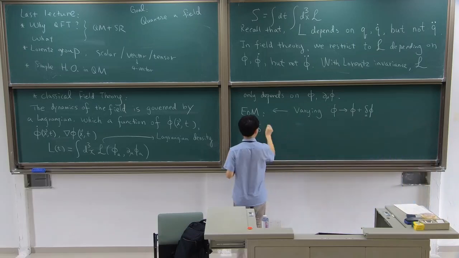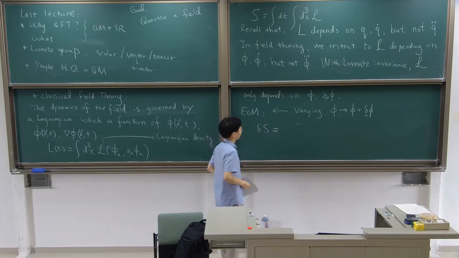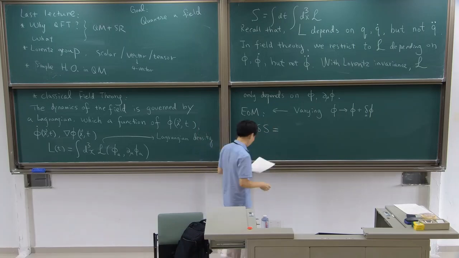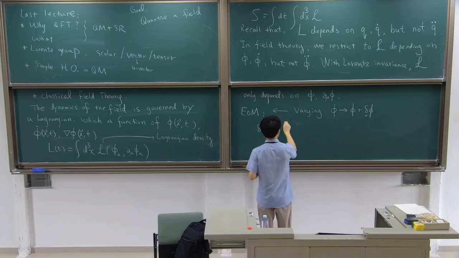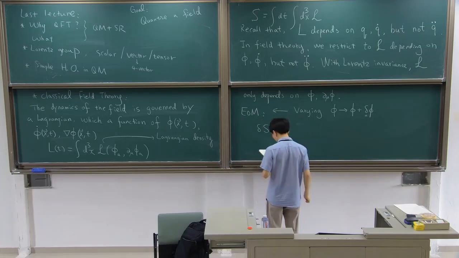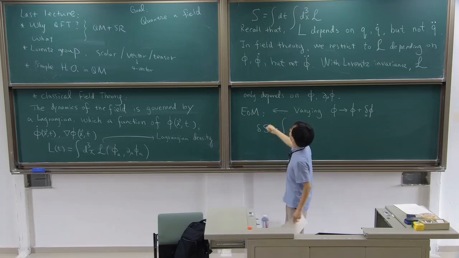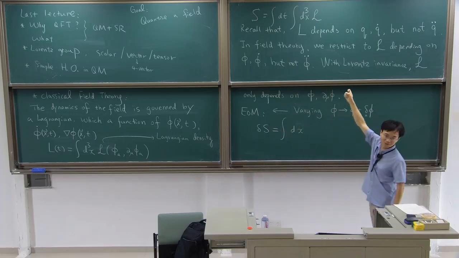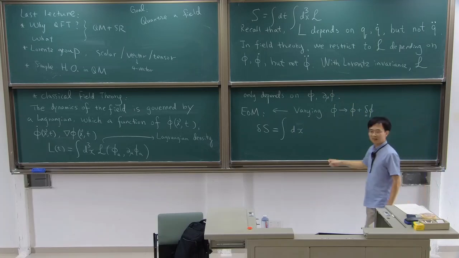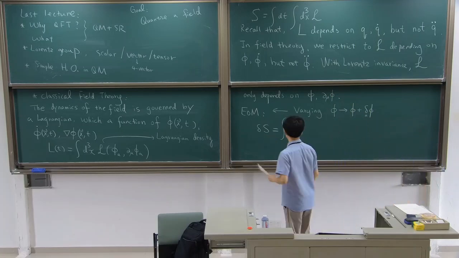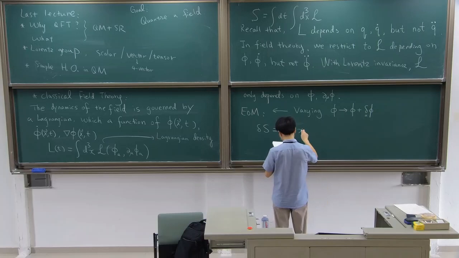Now we try to look at what happens to the action. So the variation or change of this action under this change of phi can be expressed, because the action is a functional of phi. Under this change, the action should change according to some rules.